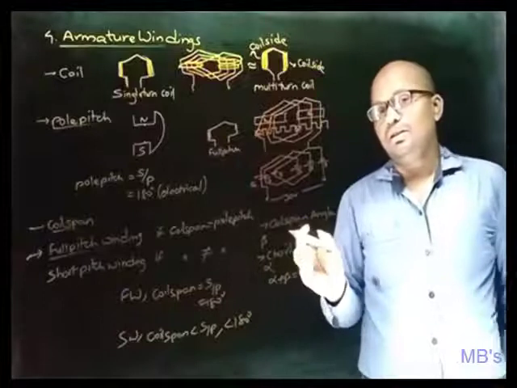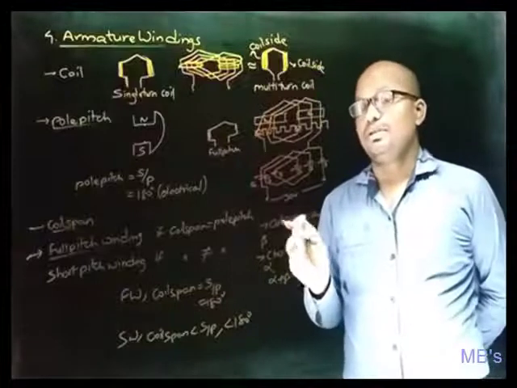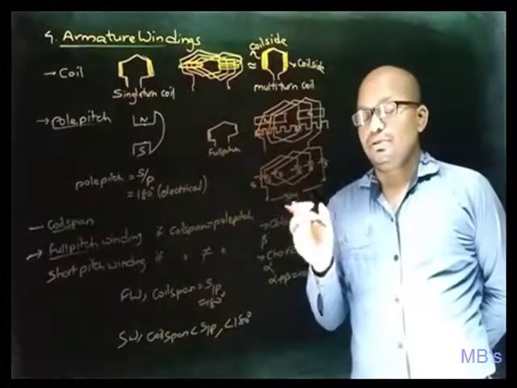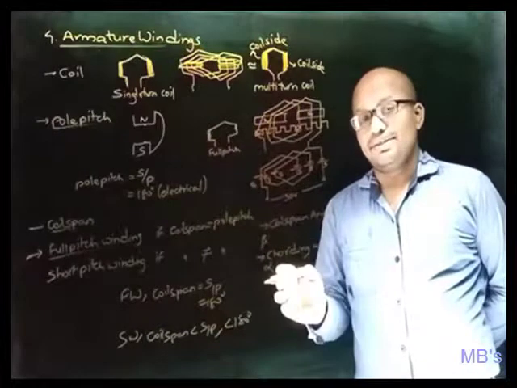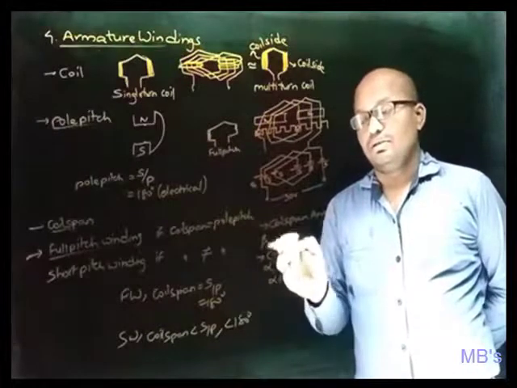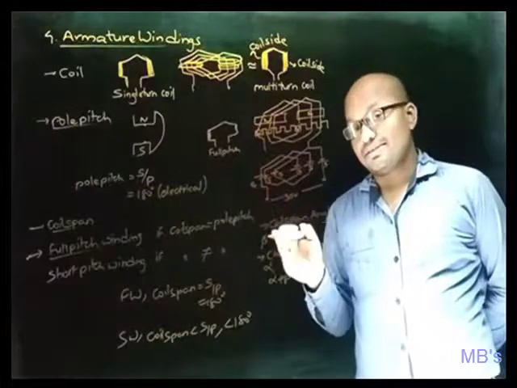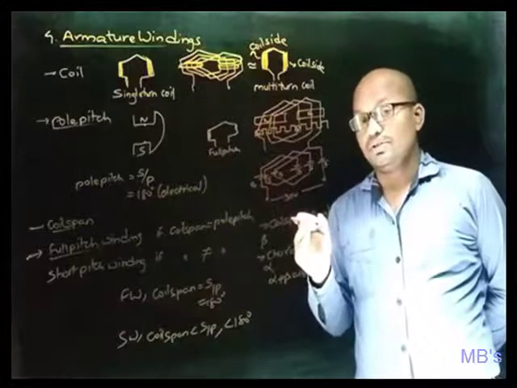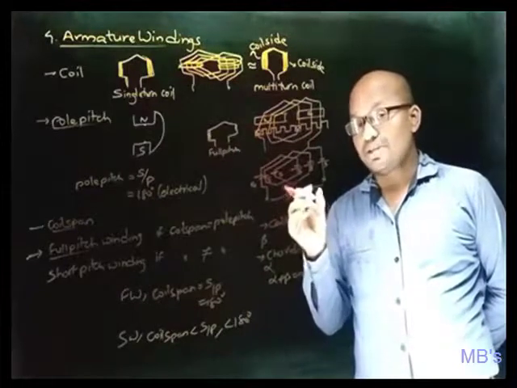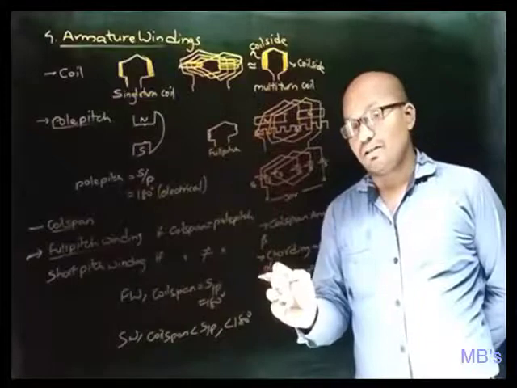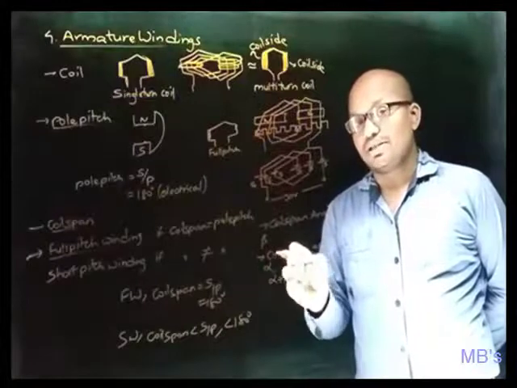If the coil is fully pitched, means coil span is equal to the pole pitch, then alpha is 0. If the coil span is less than the pole pitch, then it is said that the coil is short pitched. So short pitched by how much angle? That angle is alpha. So that is why it is called as chording angle.